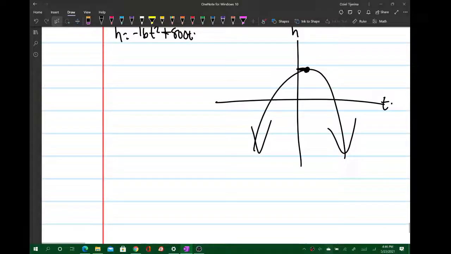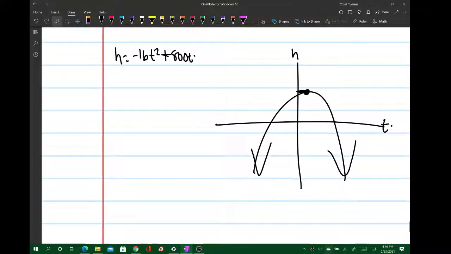Now, there's a way to do this. This is exactly like when we did the vertex of a parabola, where if we have x squared minus 2x plus 1 equals y, right?